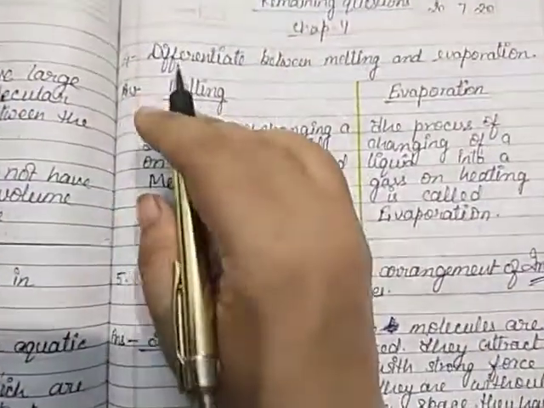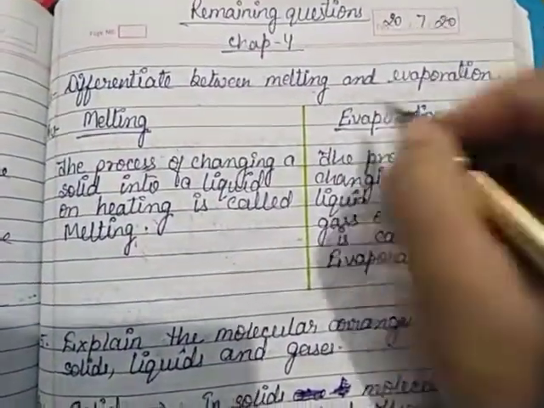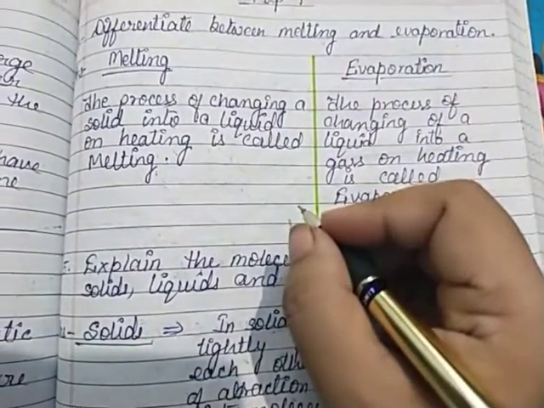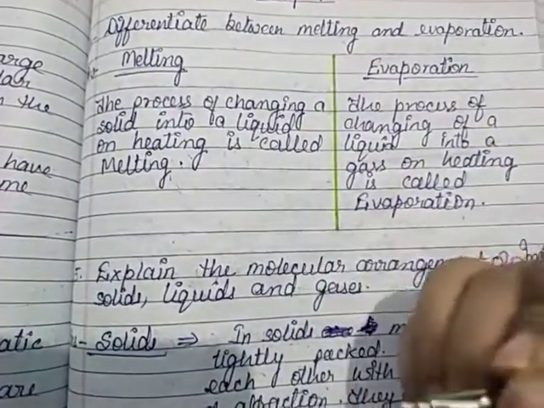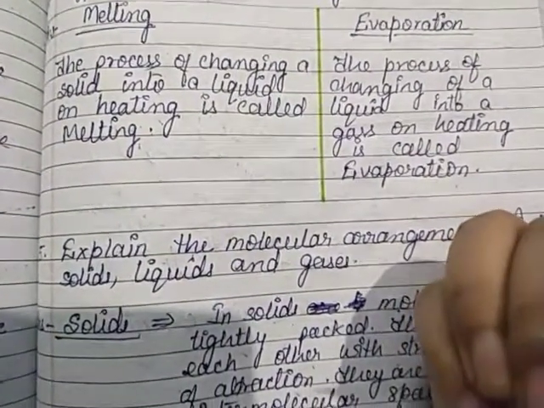Question number 4 is: differentiate between melting and evaporation. Children, you know very well what melting is. I have explained all the terms, but I am still giving an example.